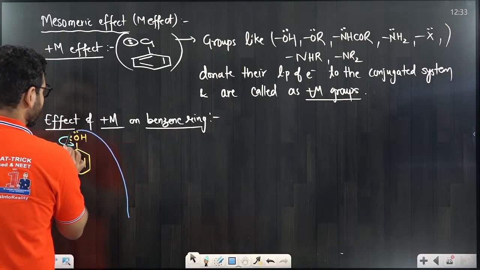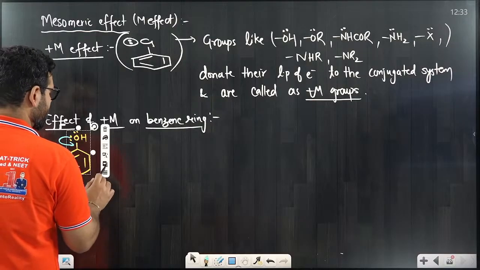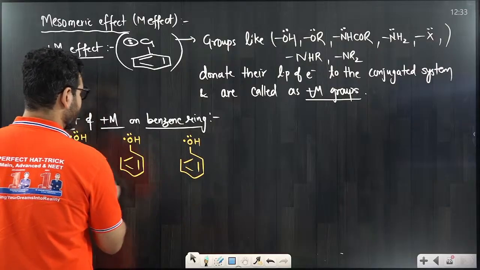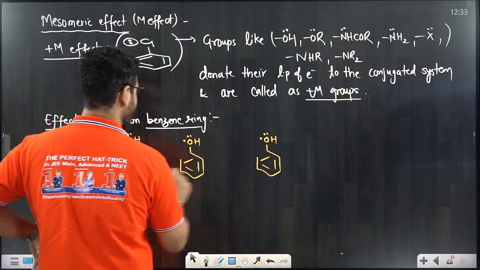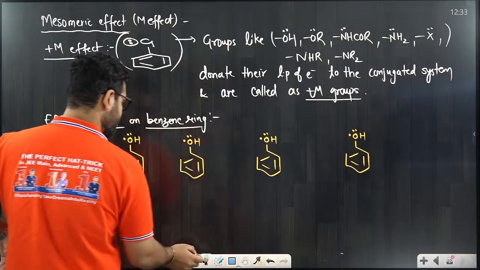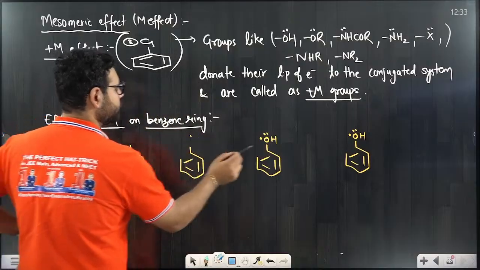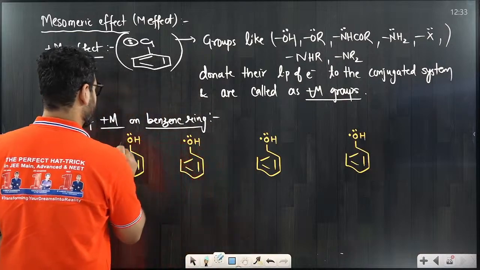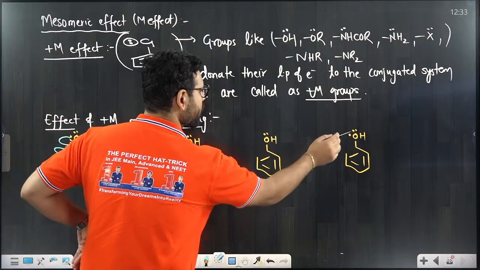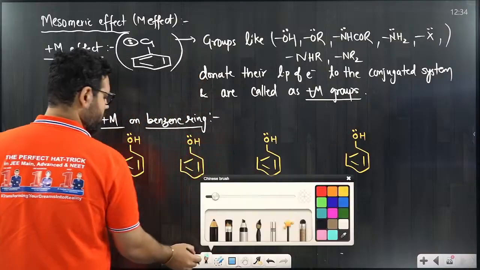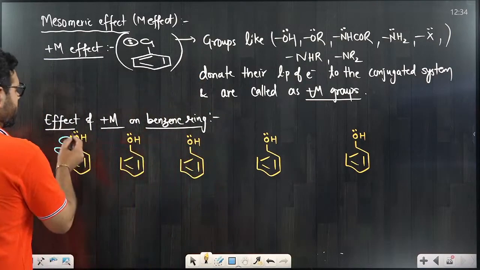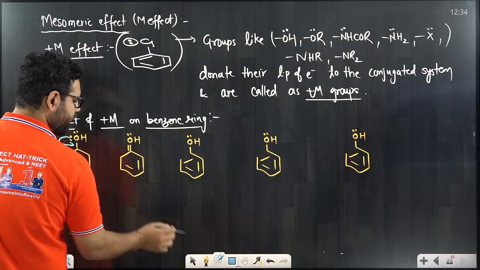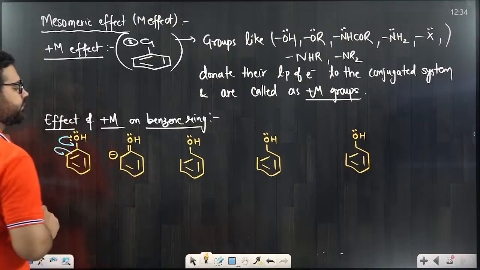So the first resonating structure comes out something like this. Lone pair becomes pi, this became a double bond, pi became minus, so this pi bond became a negative charge here. This is the first structure.